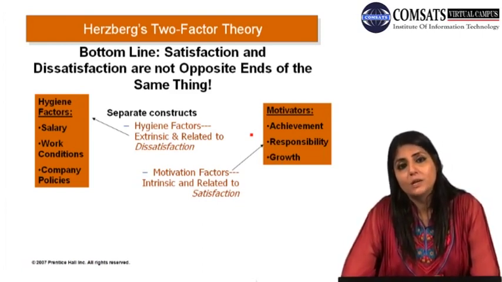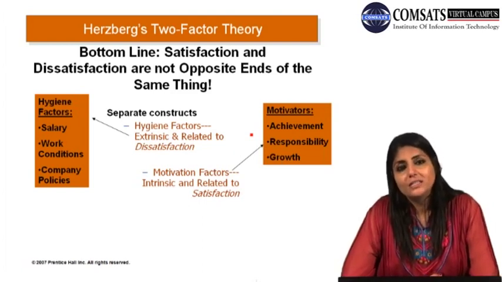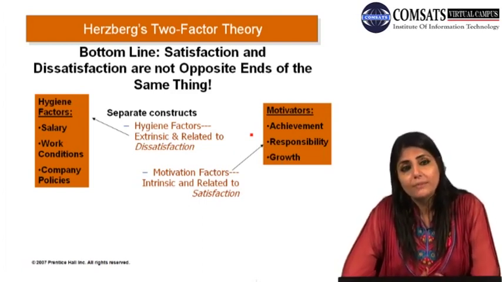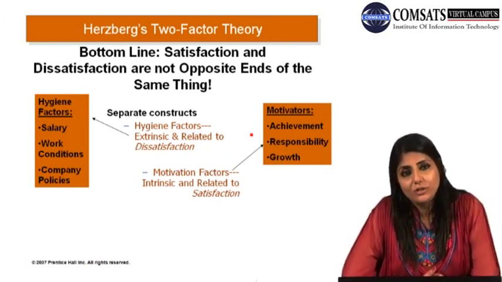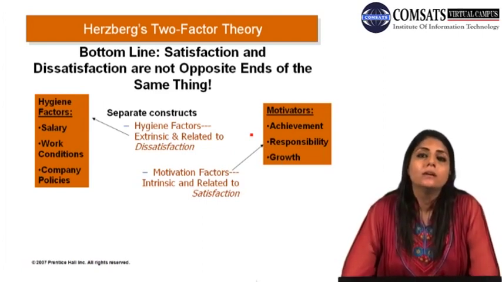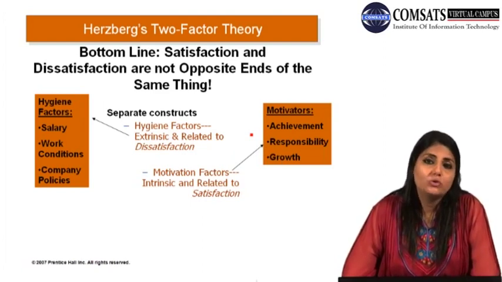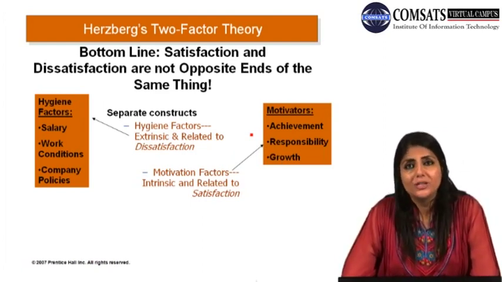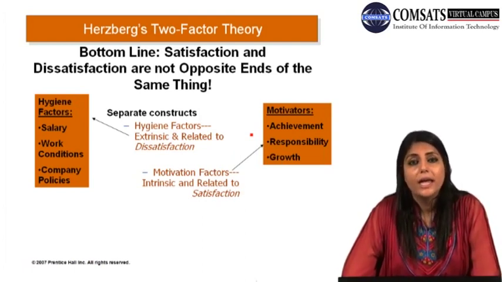So external factors are motivating you to do something. And intrinsic motivation is when you're doing some activity because you want to do it, because you like to do it, because you enjoy doing it. So intrinsic motivation is internal to the individual. And extrinsic motivation is when you are doing some activity because of external rewards, external benefits, etc.